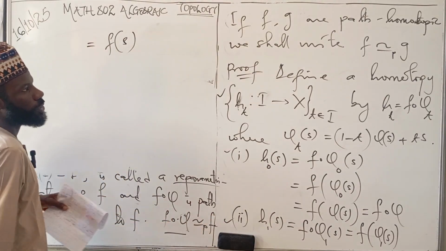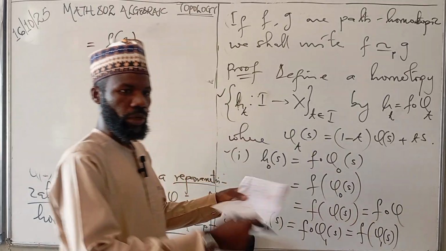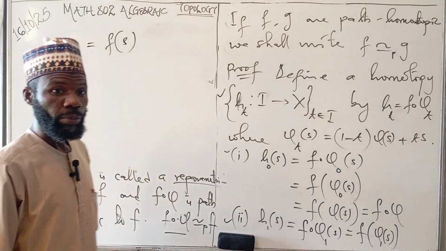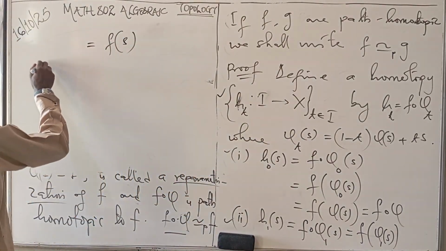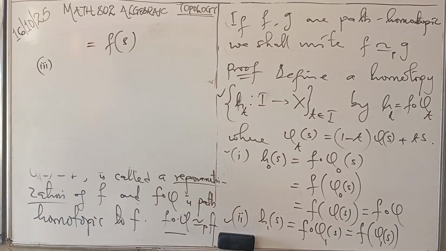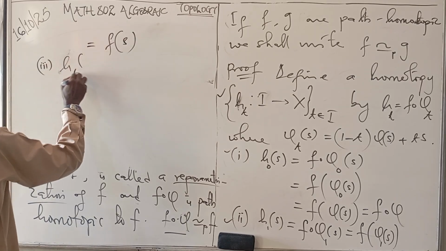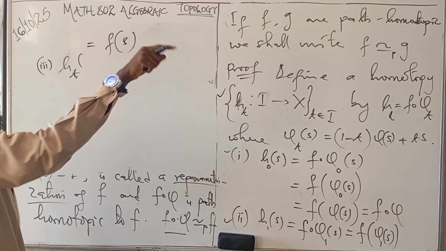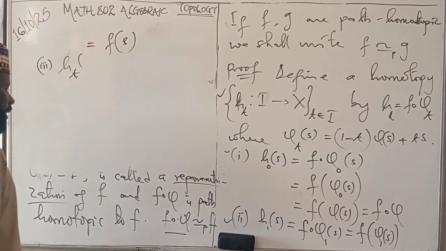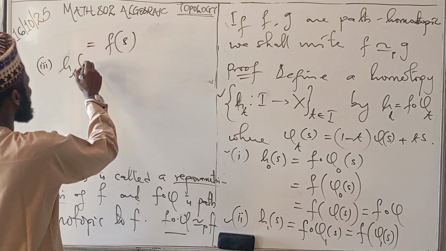For it to be a path homotopy, we want to check whether it is relative to the endpoint. So to see that it's relative to the endpoint, we check what? That H t, that is for all t, we want this to be the endpoint.